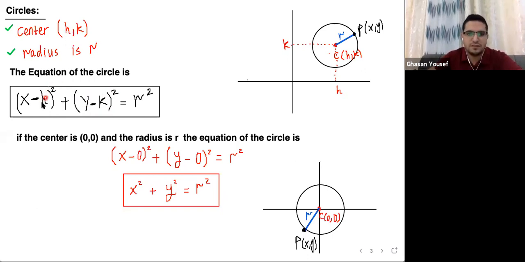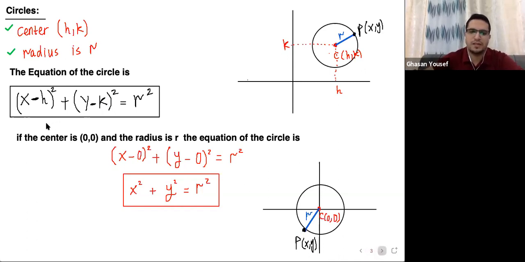It is positive h, we flip the sign, and positive k. Again, the equation of the circle has the center positive h, positive k, and is (x minus h) squared plus (y minus k) squared. We change the sign inside the equation. So here minus h, minus k, and the original center is positive h, positive k.